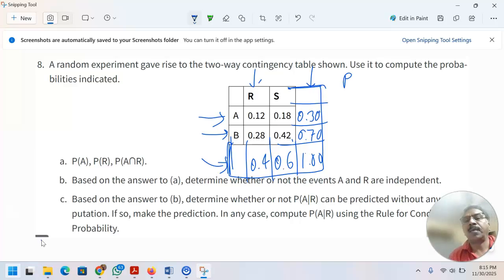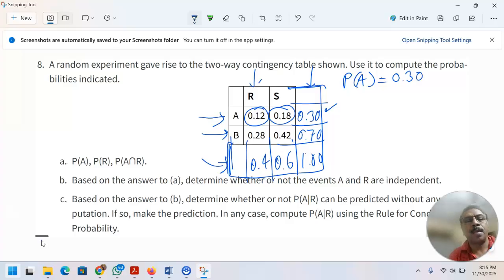So the probability of A is, and you can see, the total probability of A is this plus this, which we already added up, and that's why I say the probability is 0.30.